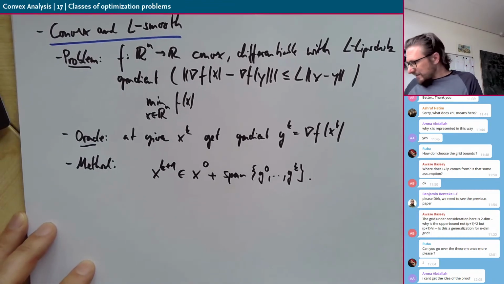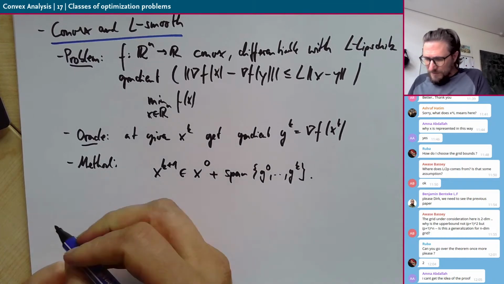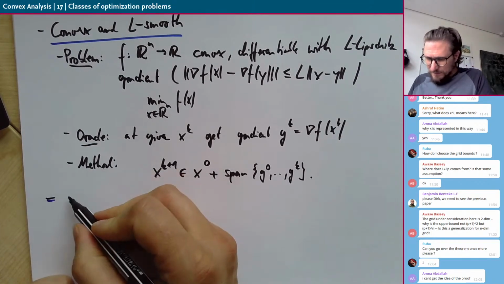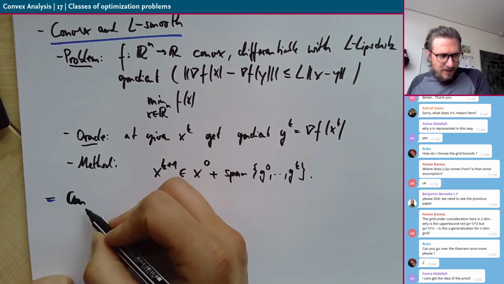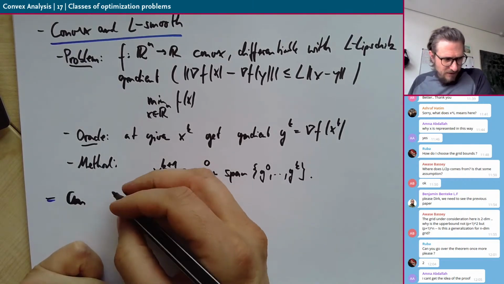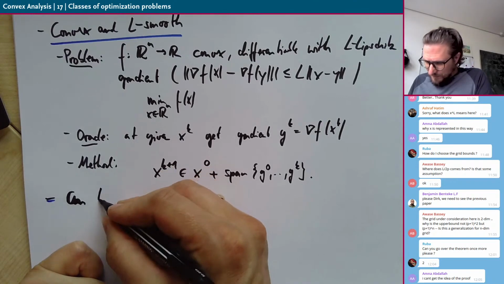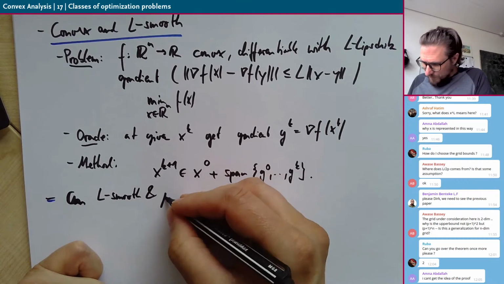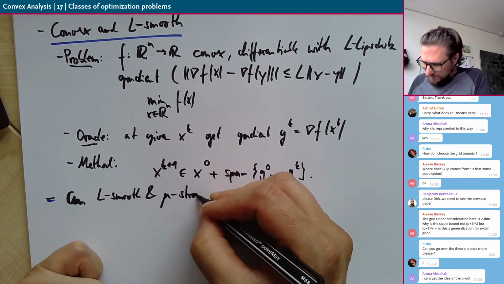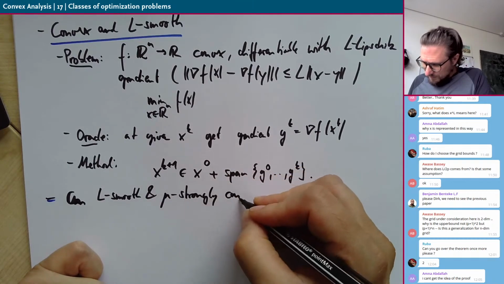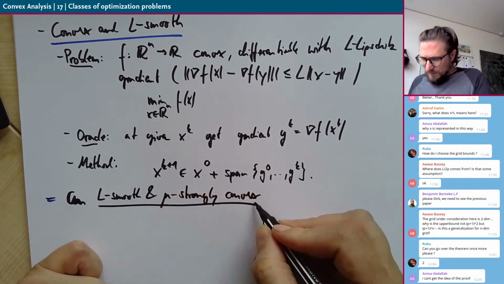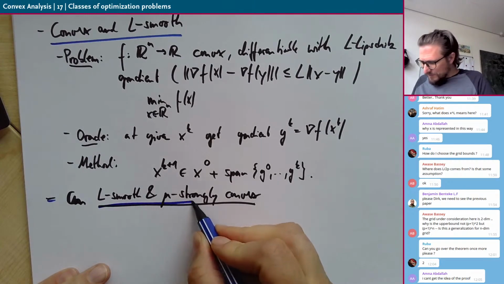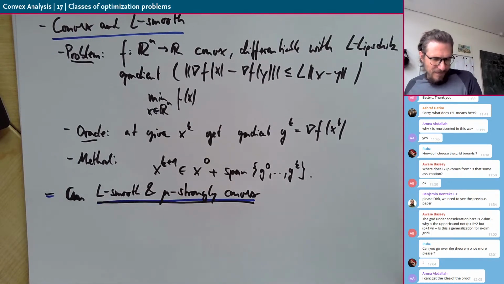Okay, that's the second problem class, and now comes the third class. It's L-smooth and mu-strongly convex. Wrong color, this should have been a blue line here.